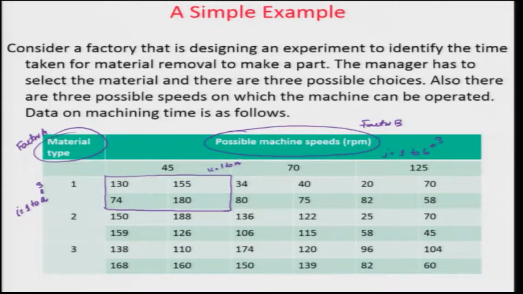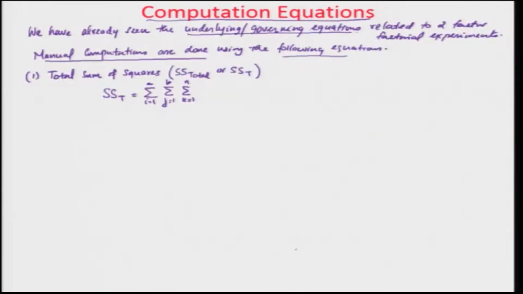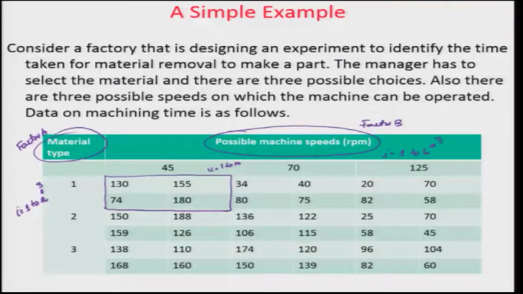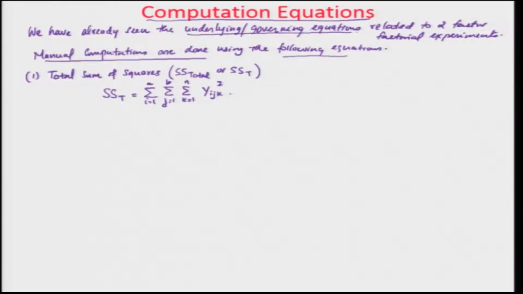So, with these 3 summations, we take y i j k squared. You square each individual observation. This is your y i j k. And then from that you subtract y dot dot dot squared divided by a times b times n.